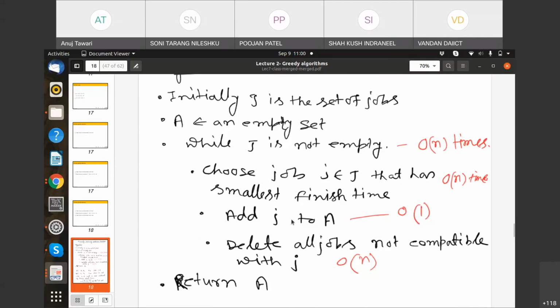And we add this job to A. Then we delete all jobs not compatible with it: check for overlaps and delete all jobs which overlap with this job. That takes big O of n time. And this procedure runs for big O of n many steps.